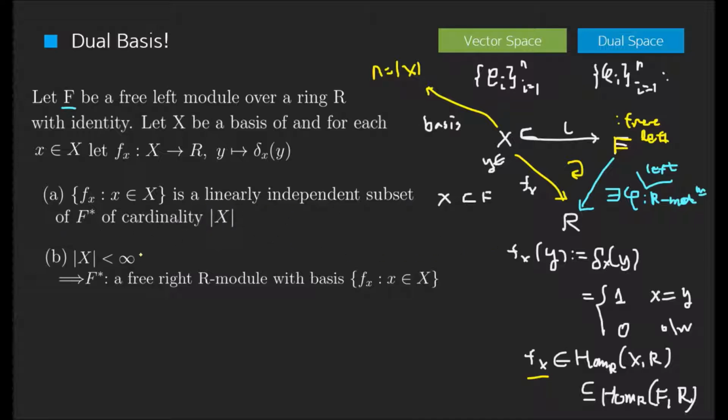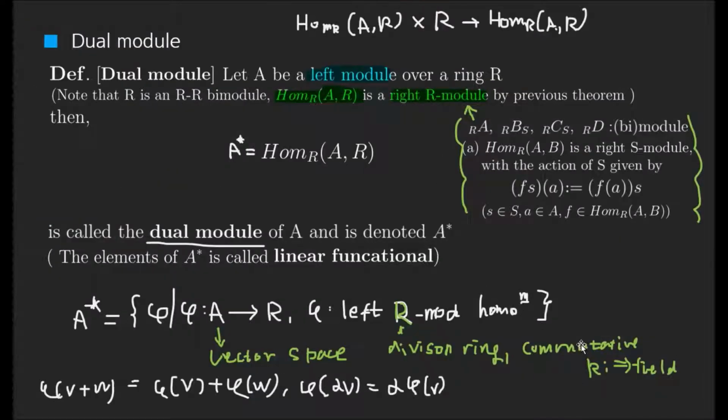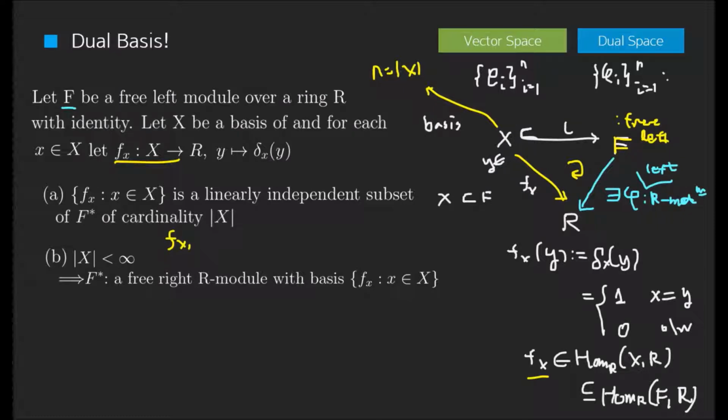This means, by the definition of the linearly independent statement, f_x1 and so on, but note that we can consider this as a left R module homomorphism. Okay, this is the left R module homomorphism. Then the definition of Hom_R(F, R), the dual module, is the right R module, with right R module morphisms.